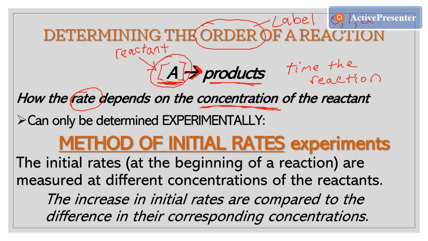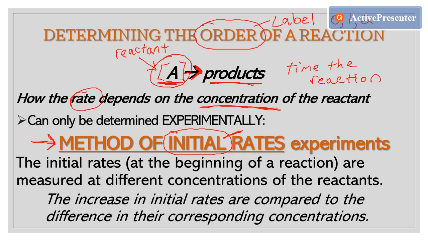And these can only be determined experimentally, and the experiment is called the method of initial rates. And initial rates is the time it takes for the reaction to start happening.